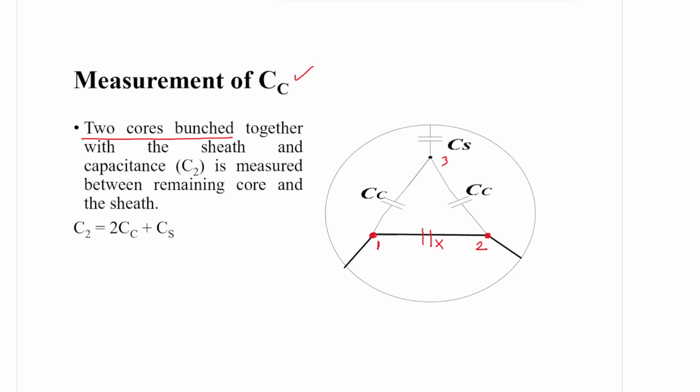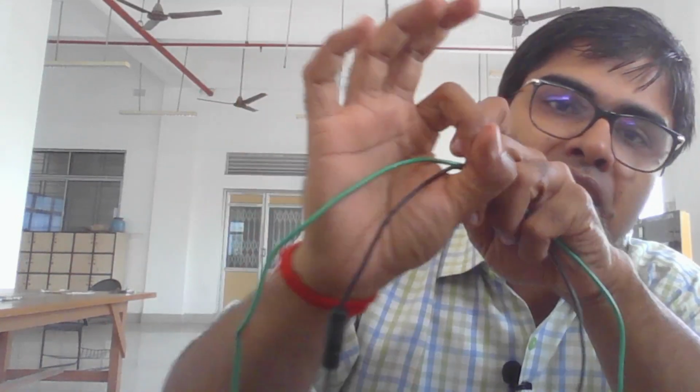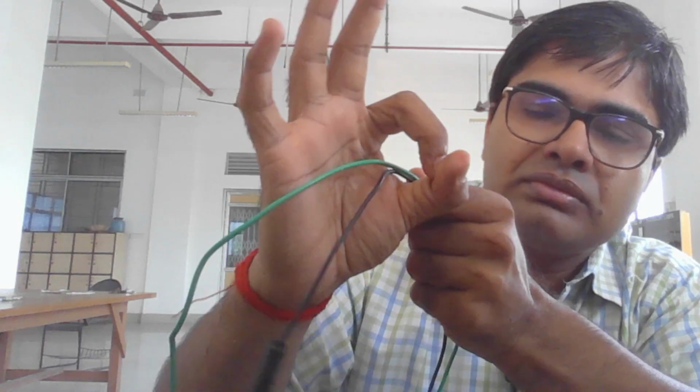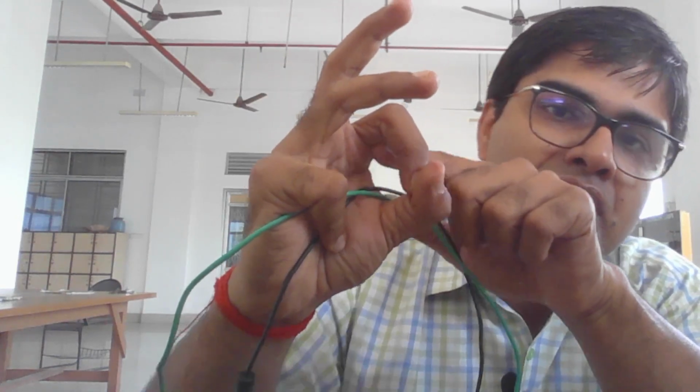Not only that, they are bunched together, but along with the sheath itself. So these 2 cores will be bunched, that is fine, but you should take them along with the sheath itself. Again I am showing, suppose these are the 2 conductors being bunched. Whatever the intersheath, this dielectric medium, I should destroy.